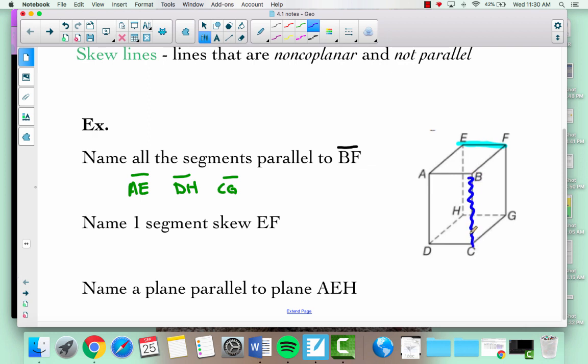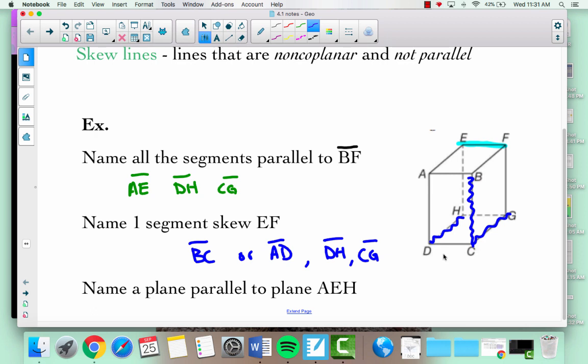Notice that this is not in the same plane as the back segment, and they're never going to cross. One goes up and down, one goes side to side. So you could say segment BC would be skew. You might have also seen segment AD would work. Or you could have seen one of the bottom ones here, DH or CG. So any of those would have worked, and you just have to name one of them.